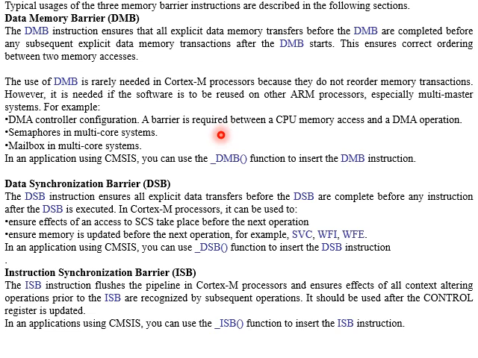Before the next instruction after DMB gets into the execution process. Okay, and the data synchronization barrier, again the same thing. It will also ensure that all explicit data transfers before the DSB are complete. So what do we mean by explicit data transfer?